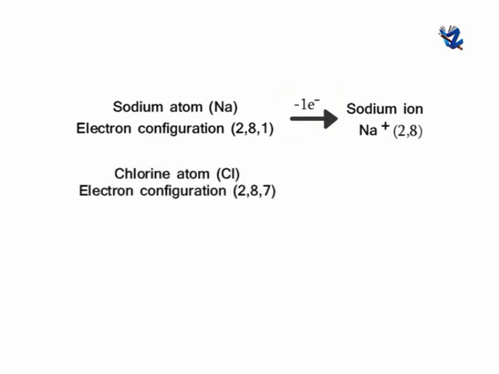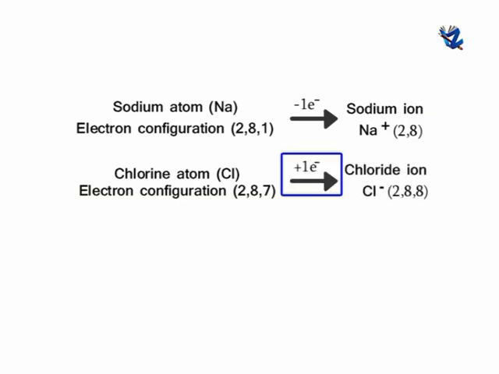The electron configuration of a chlorine atom is 2, 8, 7. It takes up one electron and forms an anion of chlorine, that is chloride, and thus the valency of chlorine is 1. After the give and take of electrons is over, the electronic configuration of both the resulting ions has a complete octet.